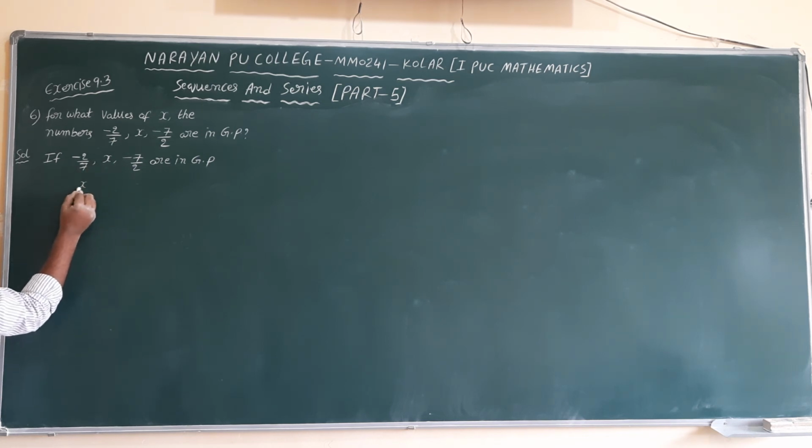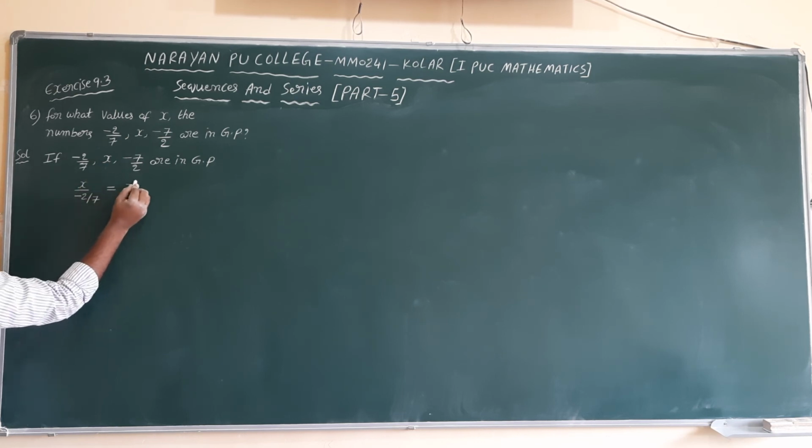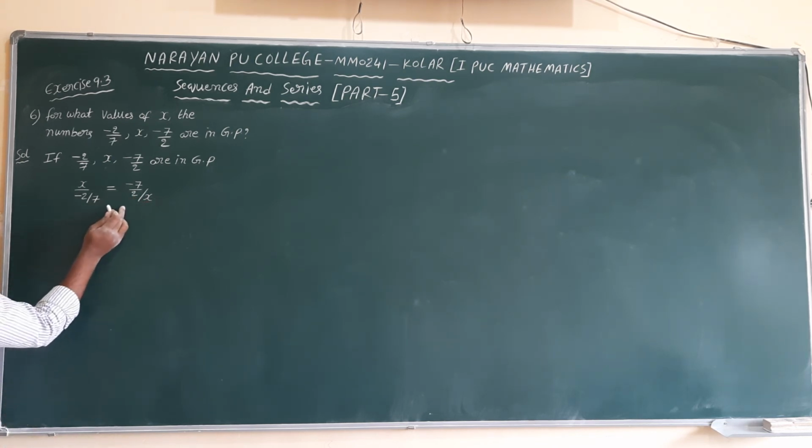So x divided by minus 2 by 7 is equal to third term divided by second term: minus 7 by 2 divided by x. Okay.